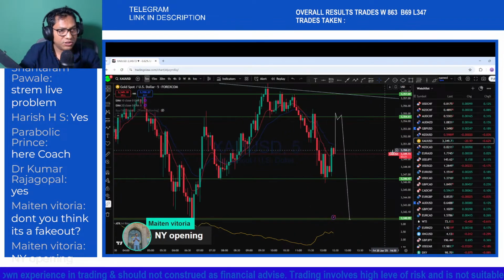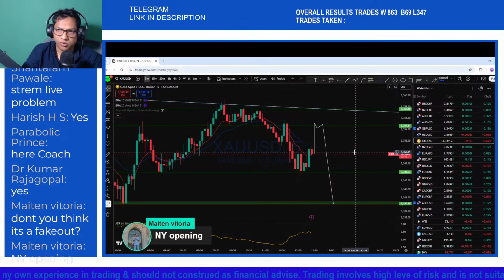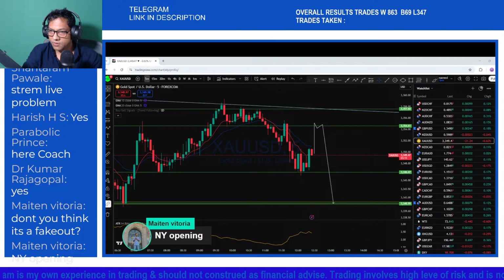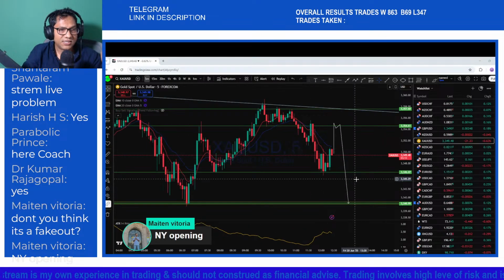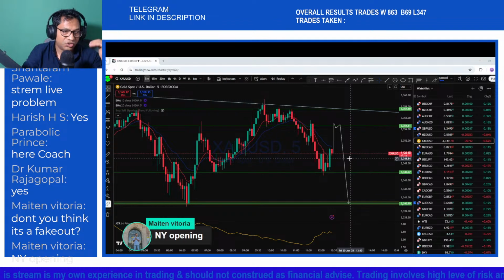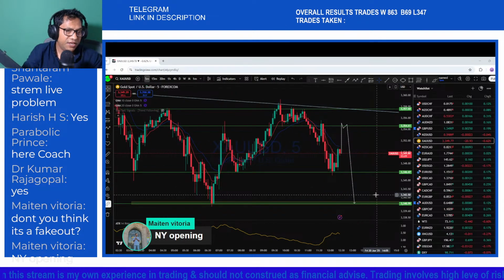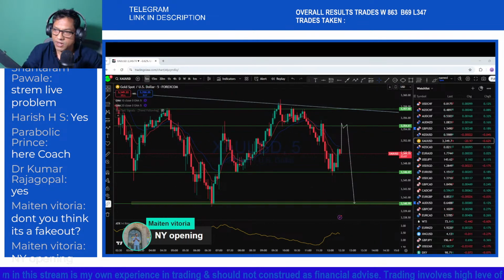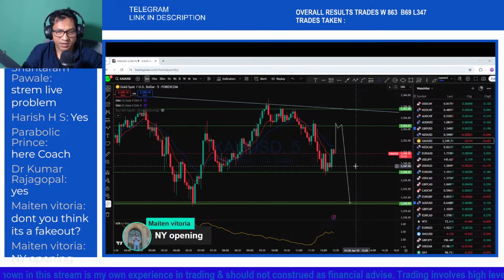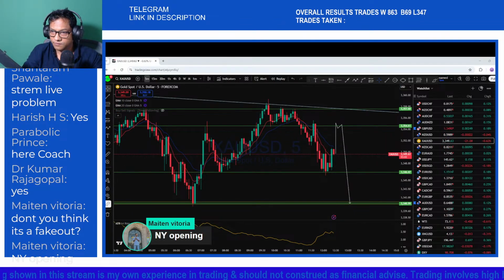We'll be waiting to see how the market does, and based on that we will look for entry. This is the primary analysis. If we see the market trending aggressively in that direction, then we may be able to look for entry below this level.